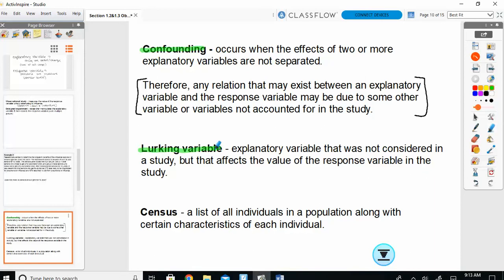Okay, we didn't even consider that. That having grandchildren was a lurking variable, something that maybe had an effect, but we didn't even think about. So those are two issues that might result when we have an experiment. Two things that we need to keep in mind.